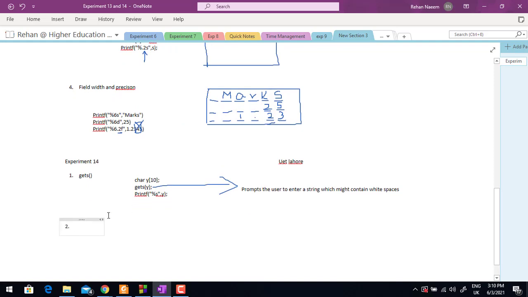Okay, the second concept in experiment number 14 is to use field width in scanf.